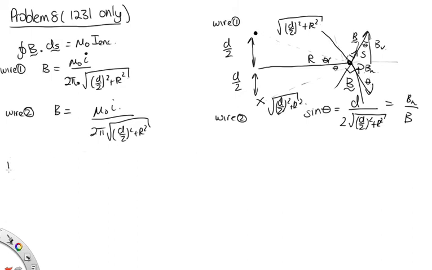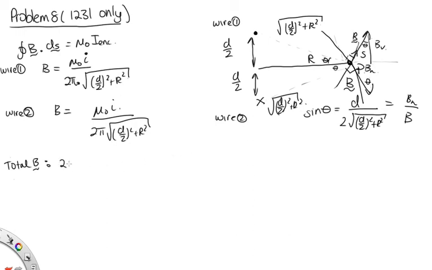Okay, so let's work out the total B. Now, taking into account that these are vectors, you can see that the vertical component's actually going to cancel out because the vertical component will be B cos theta, and cos theta is the same, and the B's have the same magnitude but are in opposite directions for the vertical component. So the total B is just going to be the sum of the horizontal components.